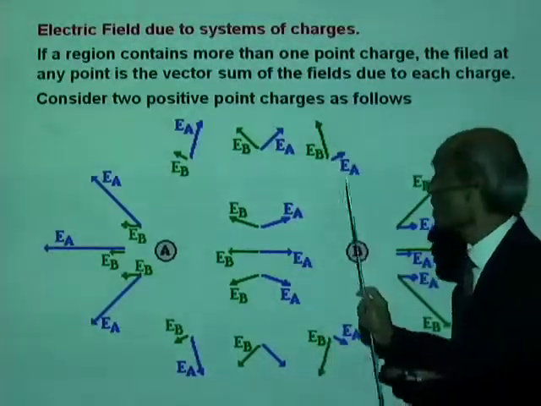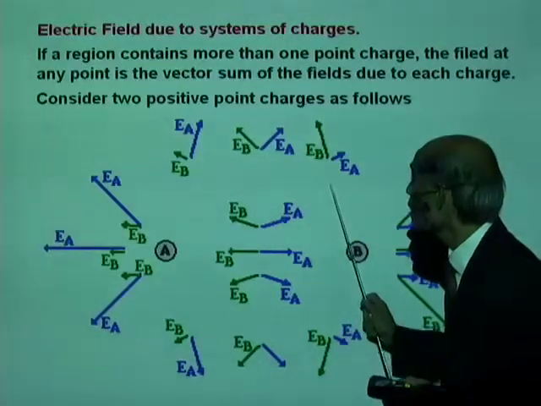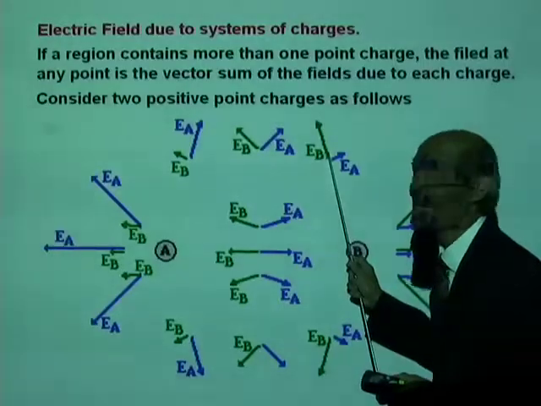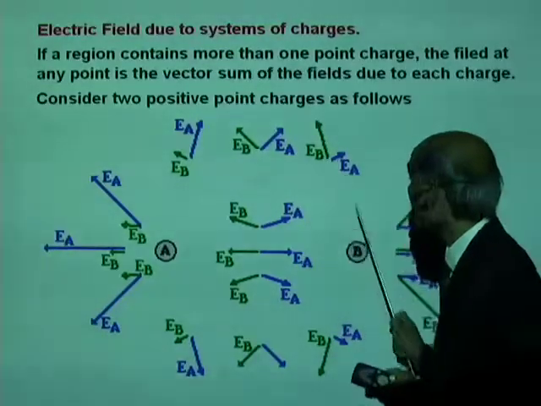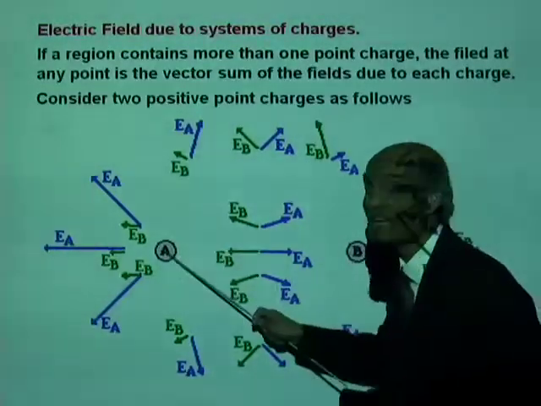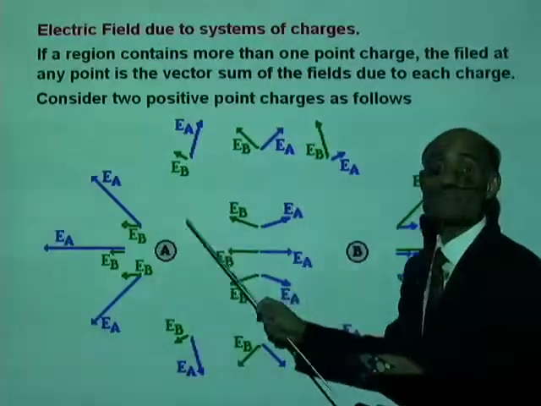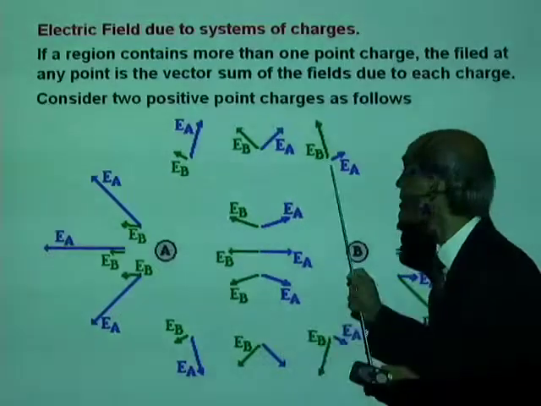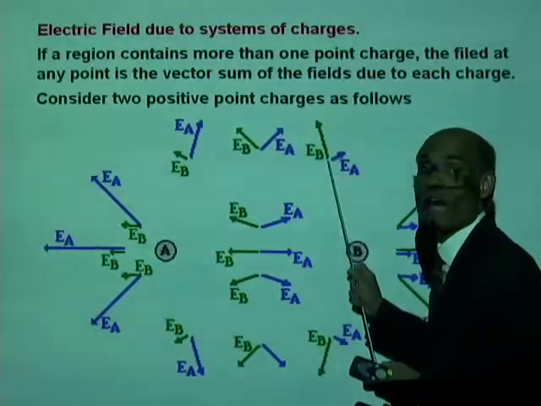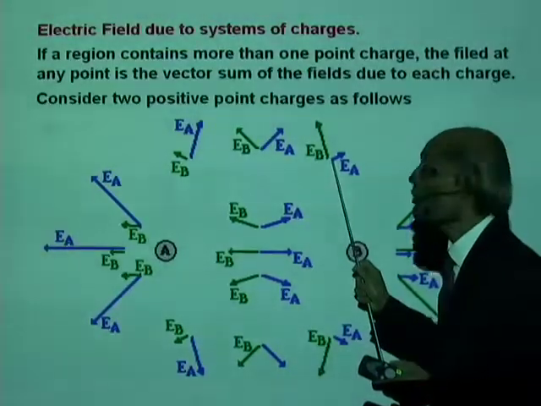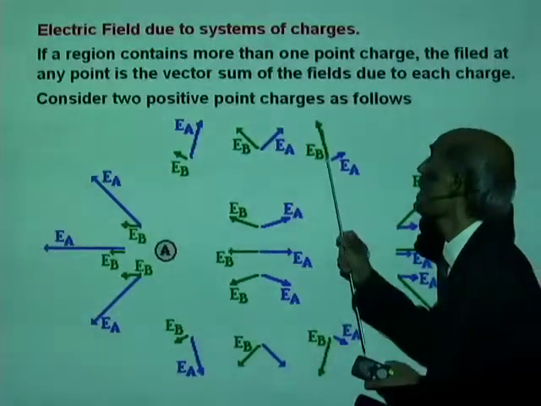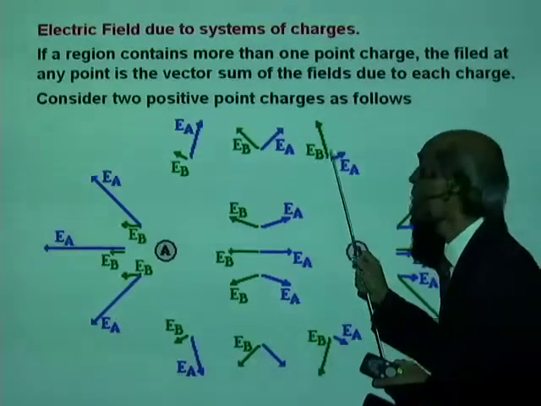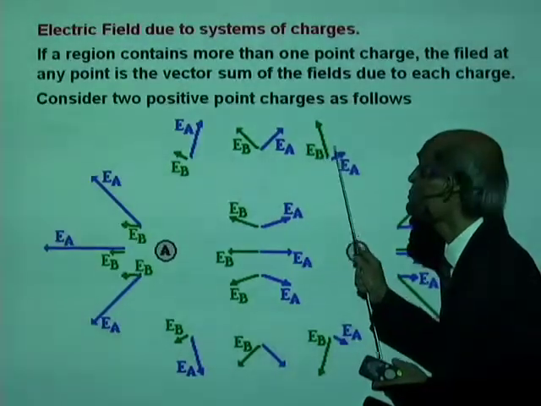Well, because B is closer to this point, that means the intensity of the field is greater at this point due to B than due to A. A is farther away. So the field at this point due to A will be small. And the strength of the field at this point due to B will be larger. And the net field at this point will be the sum of these two.